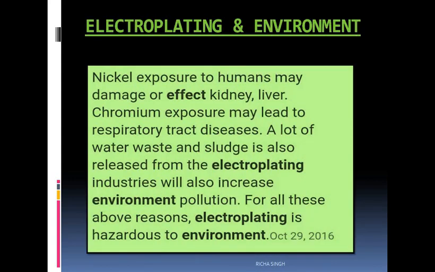But there are certain hazards related to electroplating. We use nickel and chromium for electroplating, and these are harmful. They can damage the kidney and liver, and they also increase environmental pollution. For these reasons, the electroplating process is regarded as a hazard to the environment.